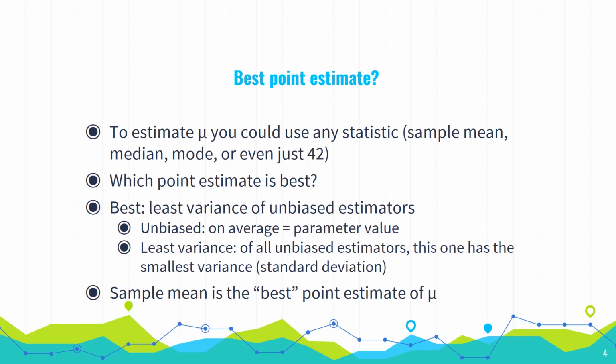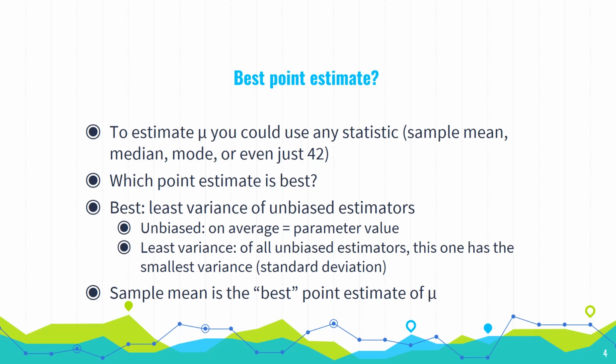Each of these is going to have some variance to it, and it's going to either be biased or unbiased. Well, what does biased mean? Bias means, is it correct on average, or is it not? Or is it too high on average?